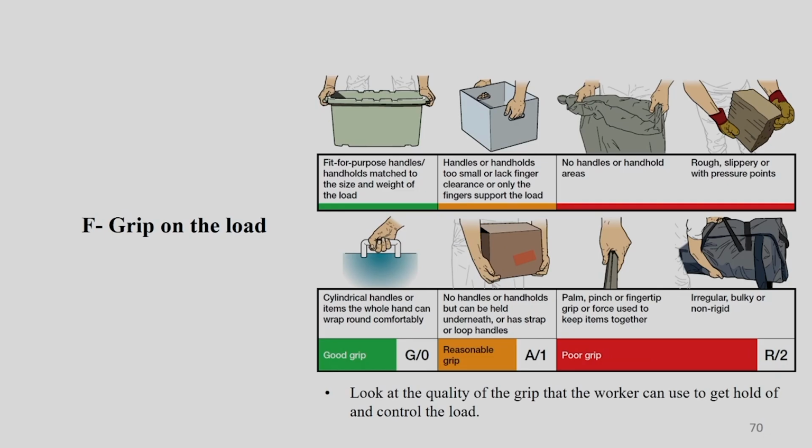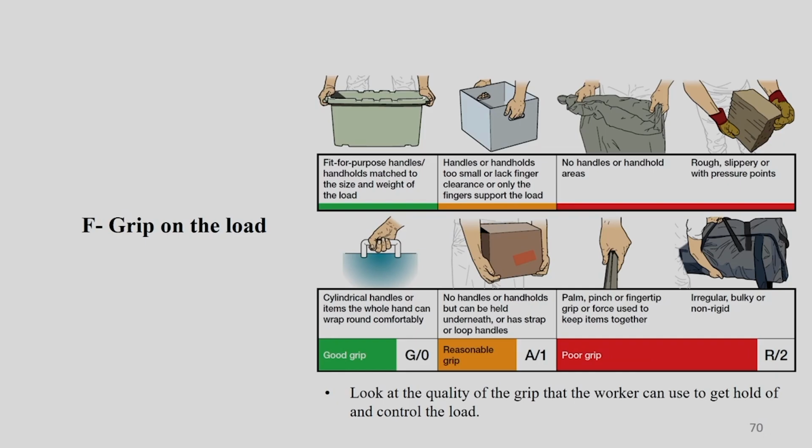Now coming to the next part, that is amber. We have a definition: we can find similarities and put them in this category, that is handles or handholds too small. The earlier one was perfect, here it is too small; it is there, but it is small.